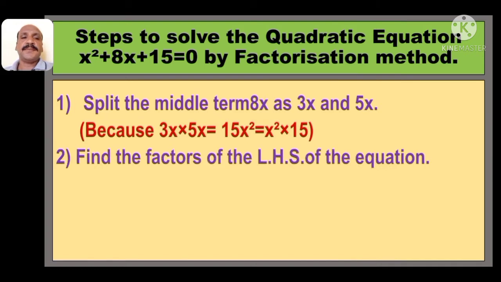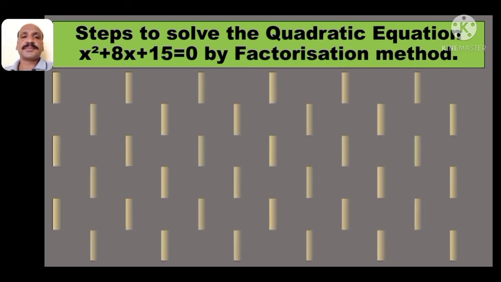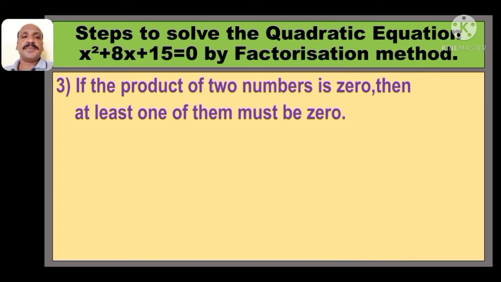Now second, find the factors of the left hand side of the equation. x into x plus 3 plus 5 into x plus 3 is equal to 0. x plus 3 into x plus 5 is equal to 0. If the product of two numbers is 0, then at least one of them must be 0.